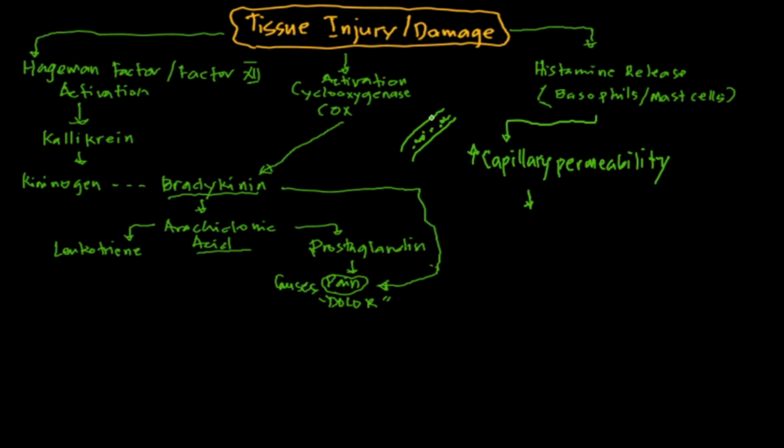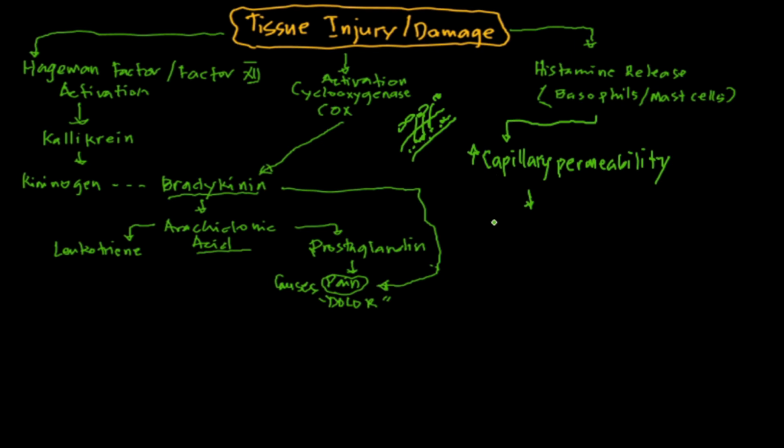Because of increasing capillary permeability, take note, some of the proteins will migrate from the inner part into the outside part or into the surrounding tissues. That phenomenon is what we call exudation.